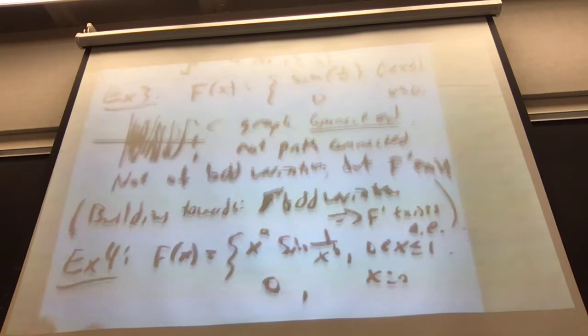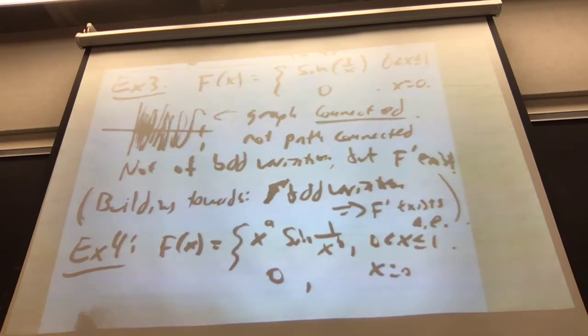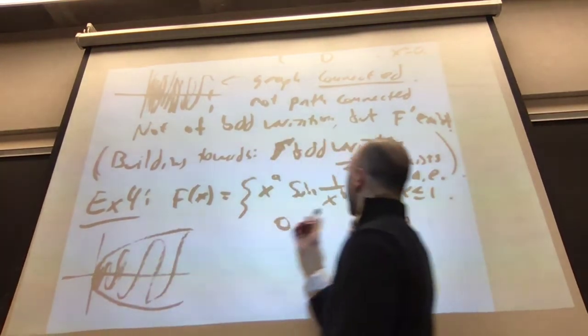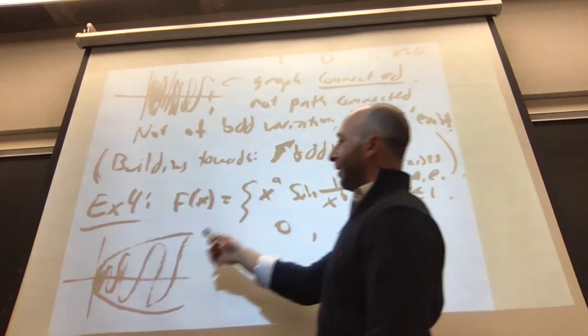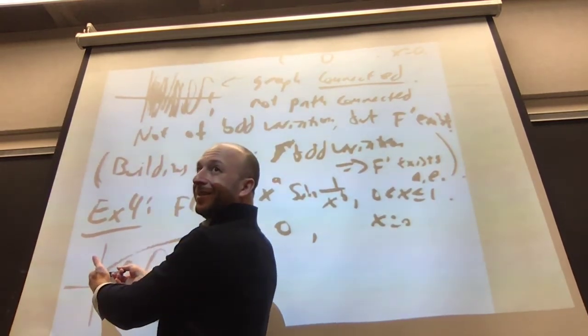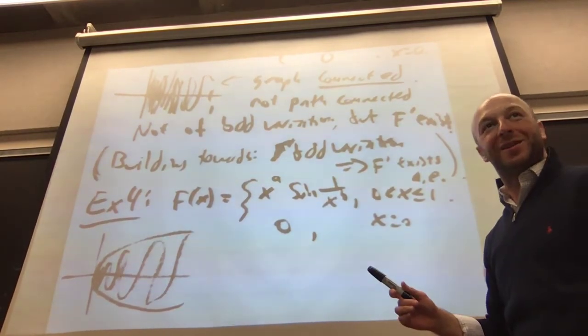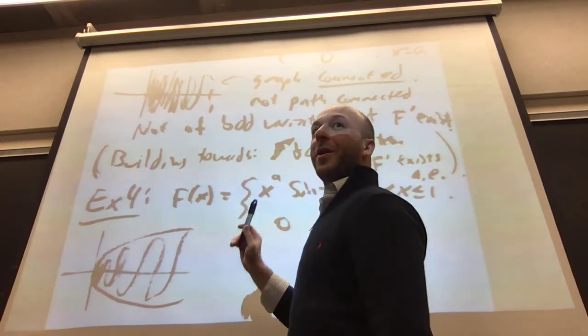That's continuous for certain A, B. Even if a is like 0.1, the graph of x to the a is like the graph of square root, and sine is from minus 1 to 1. The question is who wins: how quickly this is oscillating, or how quickly this is getting pinched down to 0. So the homework is to work out those ranges of a and b where this is or isn't of bounded variation.